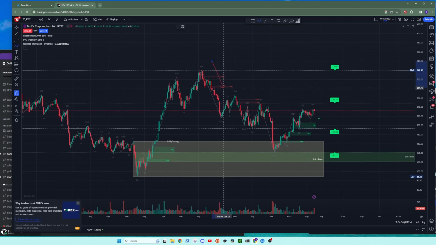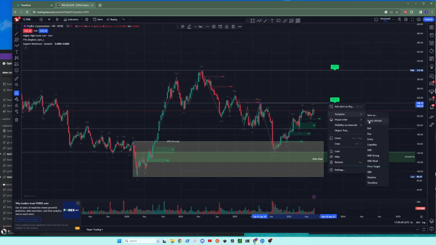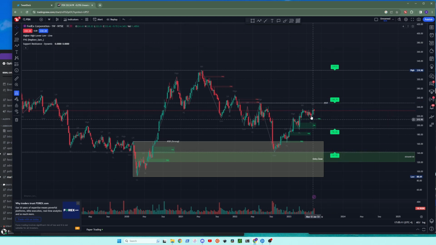So anyway, what are we doing now? Well, on the weekly, again, FTX has been going down. Right, so that's what we got. Where's our lowest low here? Right here. Our lowest low is here, but we're going to be looking at a market structure break up here, right at that support area.